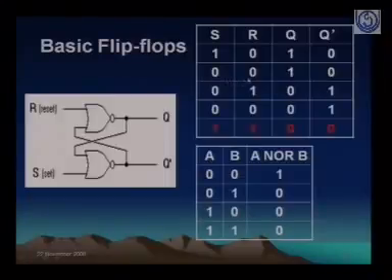So let's try to identify the states based on that. What was the value of Q? Q is 1. So one of the inputs to the bottom NOR gate is 1. Even if S goes to 0, what is the input to this NOR gate? 1 as well as 0.